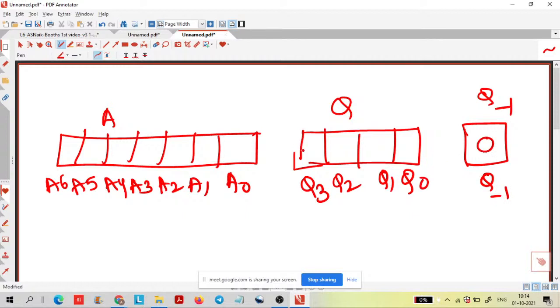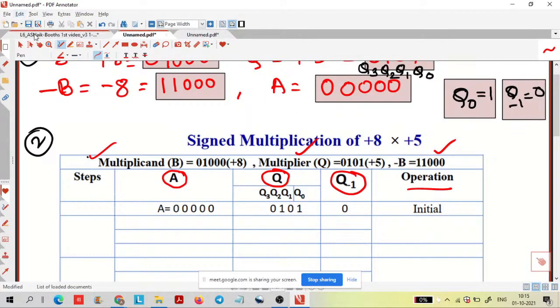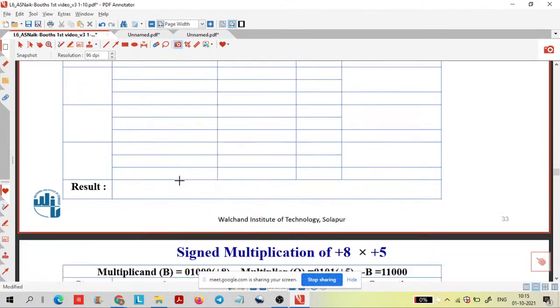This is initially 0. Actually this is as per the hardware implementation of Booth's algorithm. In this way we are solving, right? Now the first initial is done.